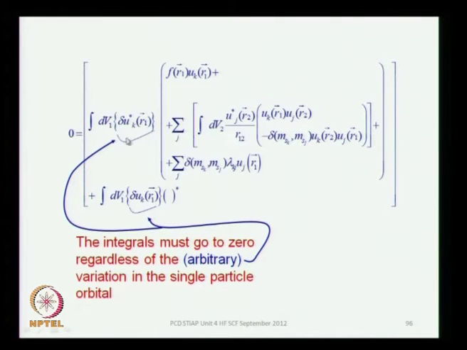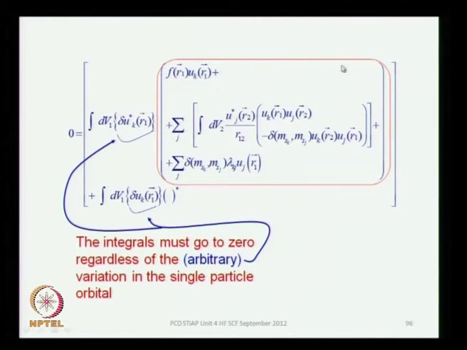No matter what this variation is, this integral must vanish. So, independent of this factor, you have got a product of two factors whose integral vanishes, regardless of what one factor is, then the other factor has to be 0. So, what is inside this red loop must necessarily vanish.